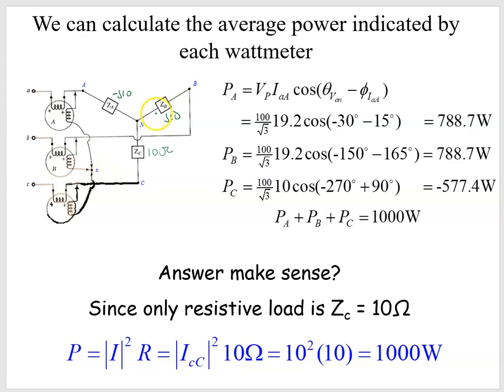So we had an inductive load here, the same magnitude of reactance as our capacitive reactance in line N. So those two are not going to absorb any average power. So we just need to calculate our ICN or our ICC. That's ICC squared times the 10 ohms, and that's our 1,000 watts.